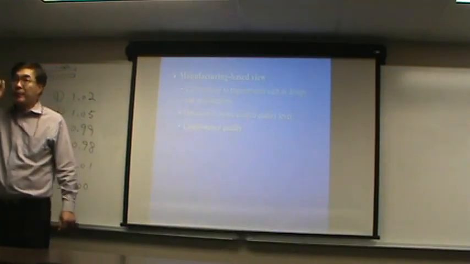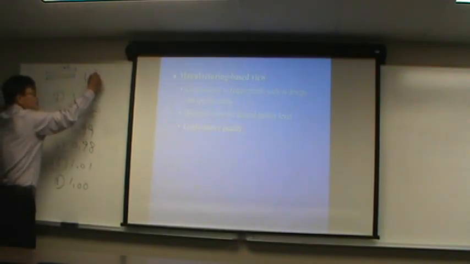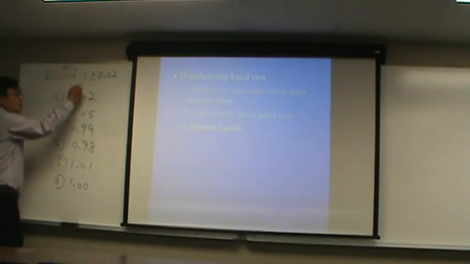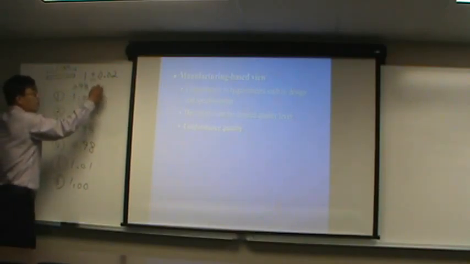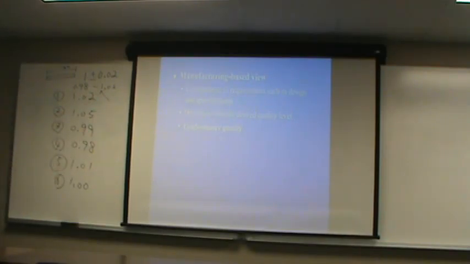If I give the specification 1 inch plus minus 0.02, then from 0.98 to 1.02, inside this range of specification, we can say good. Good, not good, good, good, absolutely good, right?